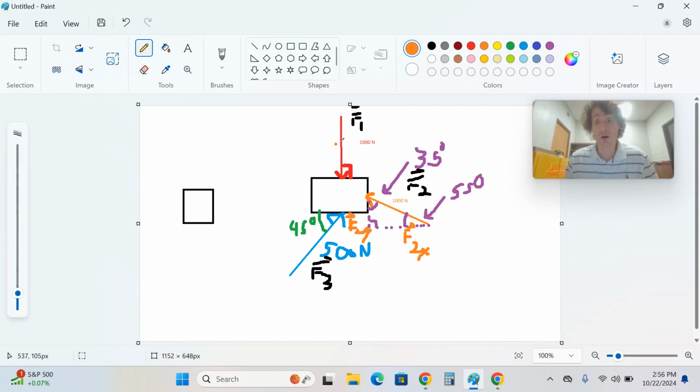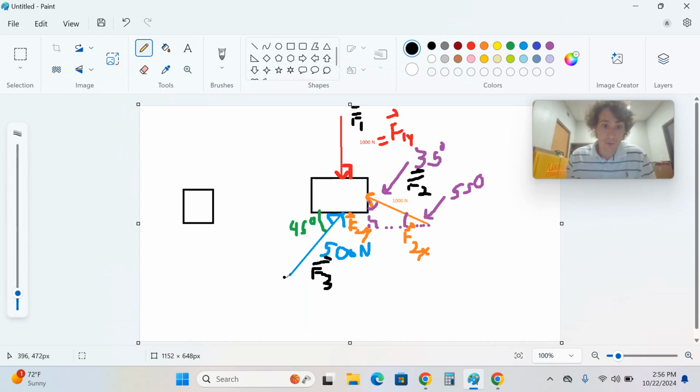The components of the red vector, as we already said, it's a right angle. There is no base, which means this is the same thing as F1y. Vector F1, it's up-down. It's entirely vertical, entirely in the y. And then vector 3, the blue one.